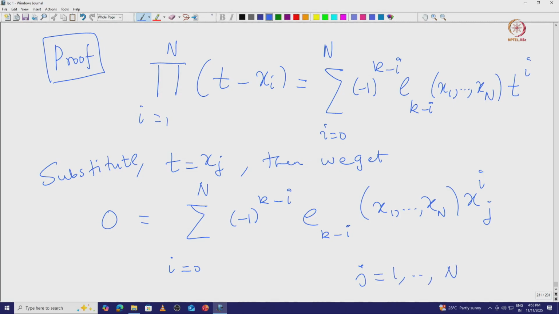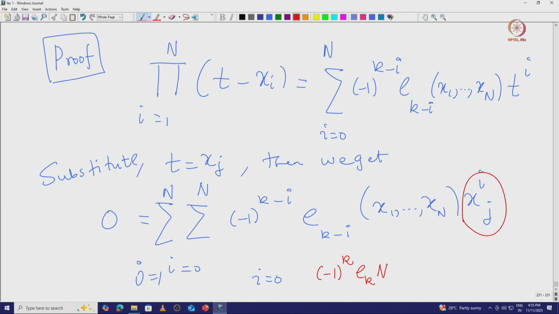Now we can just sum over all j from 1 to n, and group the terms. For example, when i equals 0, you get exactly (-1)^n e_n, and this term is going to be 1, and we are summing over j from 1 to n.